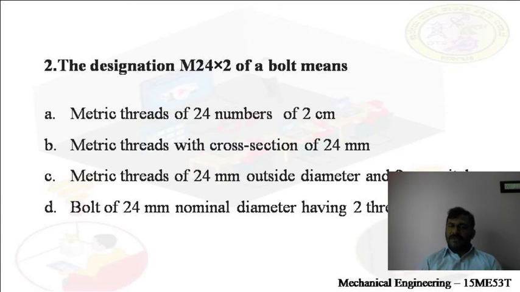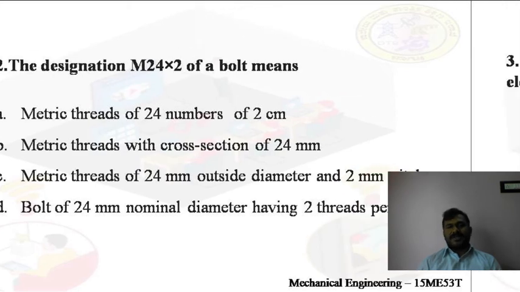Metric thread of 24 numbers of 2 centimeter, metric threads with cross section of 24 mm, metric thread of 24 mm outside diameter and 2 mm pitch, or bolts of 24 mm nominal diameter having 2 threads per centimeter. Here you have to select the right answer for the question.